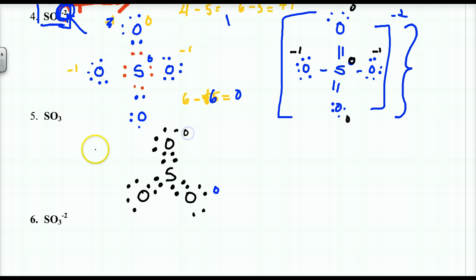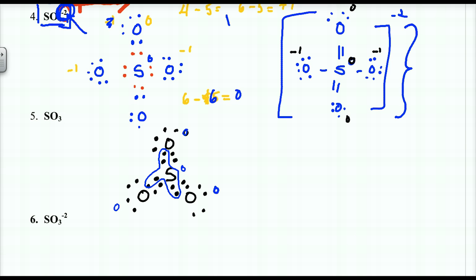And the sulfur is sharing how many? Half of its bonding: 2, 4, 6. 6 minus 6 is sulfur 0. So based on formal charges, I get all zeros here.